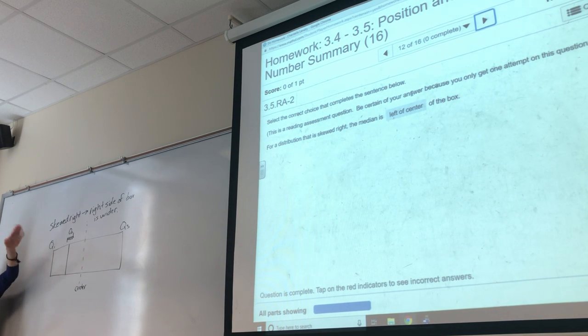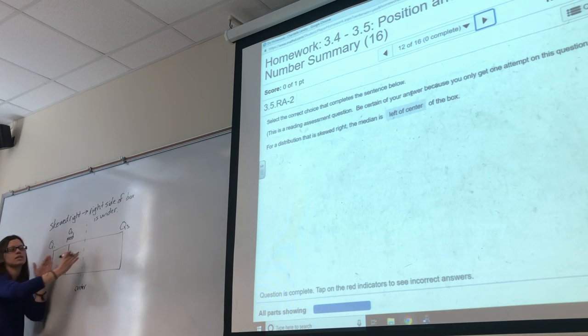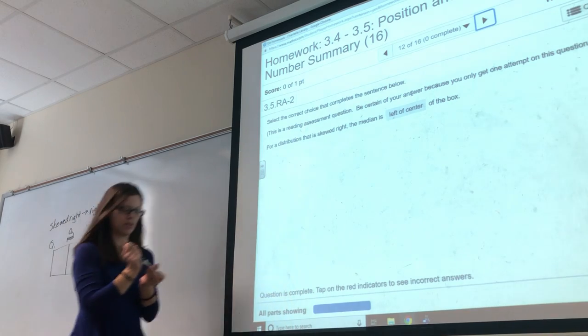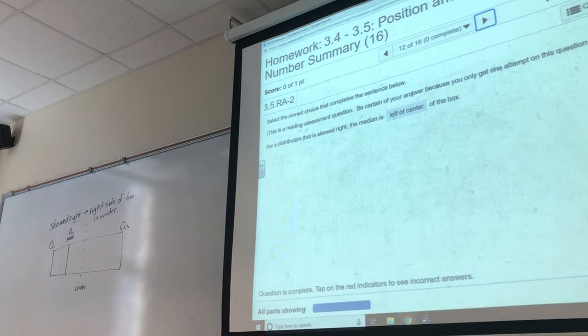So with this one, even though it's skewed to the right, that means the right side is wider. That means this line that goes through the box is going to be over here on the left-hand side. So when you do this one, if it's right skewed, the median is going to be over here on the left side.